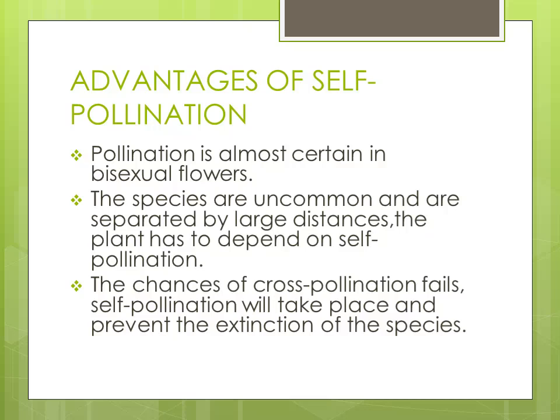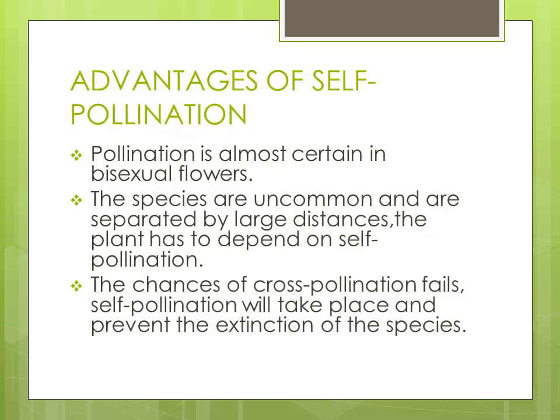And then, in plants where the species are uncommon, self-pollination occurs. Sometimes the plants may be present at large distances, so such flower species can manage by self-pollination. And then, chances of cross-pollination fail in some flowers, so those flowers also undergo self-pollination in order to prevent the extinction of the species.